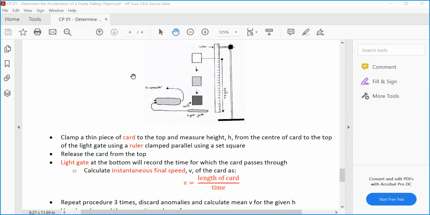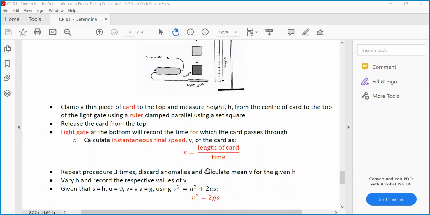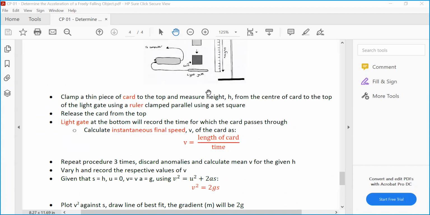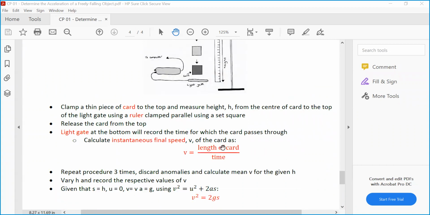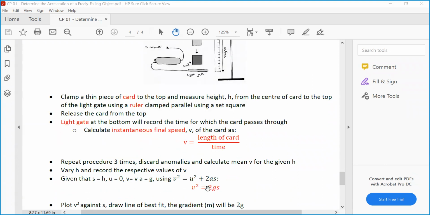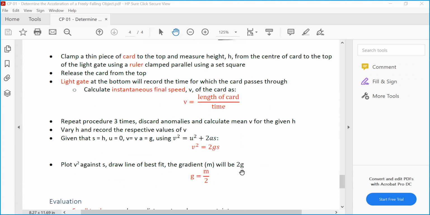When you release, you switch on the stopwatch, but no need to take the whole time, because the card goes through a light gate, which measures the time the card takes to move its own length. So we can measure length and time, and from that the velocity of the card at this point. We know the initial velocity is 0, and we know the distance from the ruler. So using v squared equals u squared plus 2as, we can calculate g.